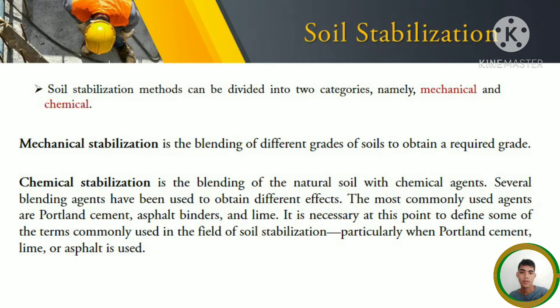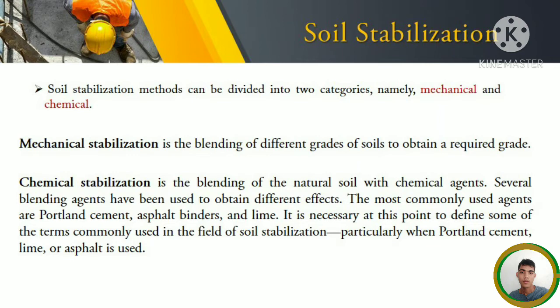In other words, mechanical stabilization is just the process of improving the properties of the soil by changing its gradation. However, we need to take note that the mixing or blending of soils of 2 or more gradations should be obtained by meeting the required specification.